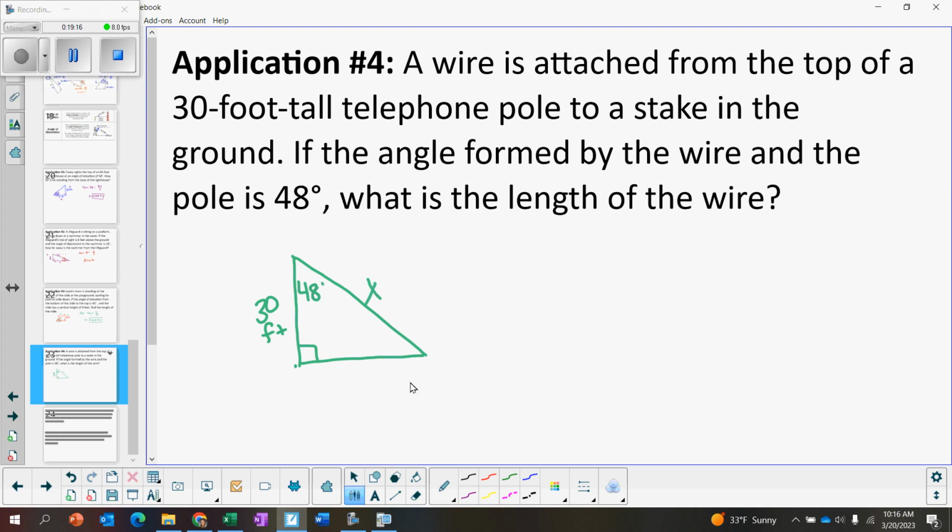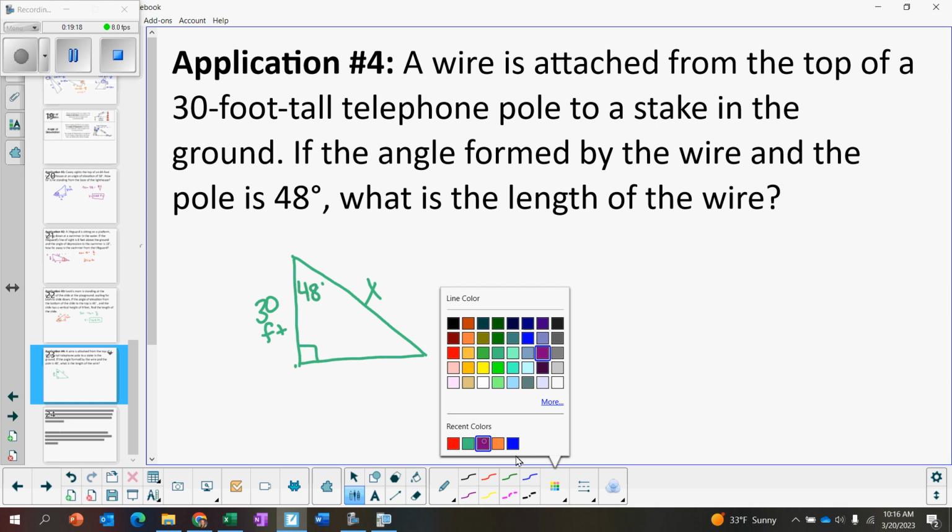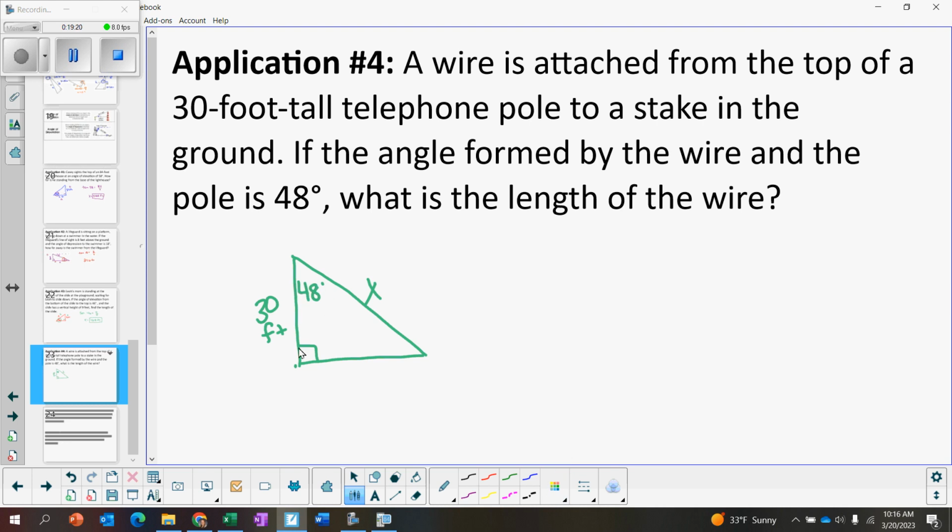What is the length of the wire? So this is actually a little different because it is an angle, but it's not the angle we'd normally use. So this is cosine of 38 equals 30 over x. So that's 30 divided by cosine of 38, and we get about 38.1.